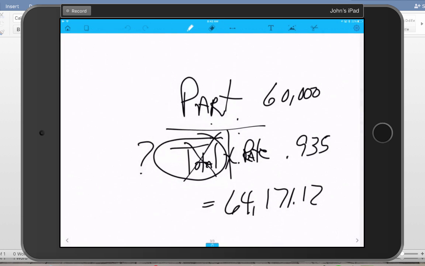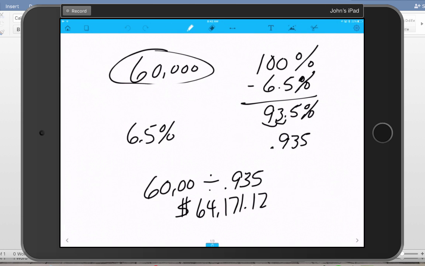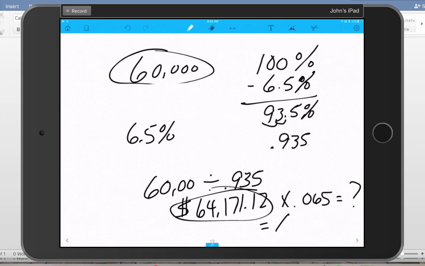Of course, I would encourage you to double check your answer and take $64,171.12 times 0.065, see what that answer is, subtract it from this number, and you should get $60,000.